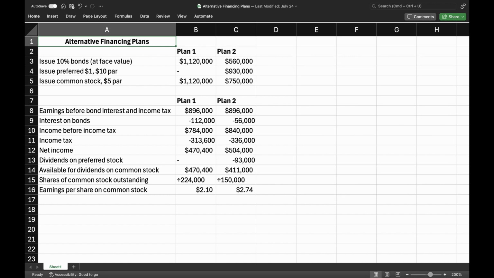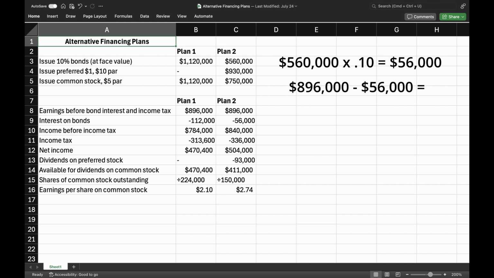So for Plan 2, we also begin with $896,000 for the earnings before bond interest and income tax. Firstly, we need to find the interest on bonds by multiplying $560,000 by 10%, which comes out to $56,000. Next, we must subtract $56,000 from $896,000, which comes out to $840,000 for the income before income tax and after bond interest.